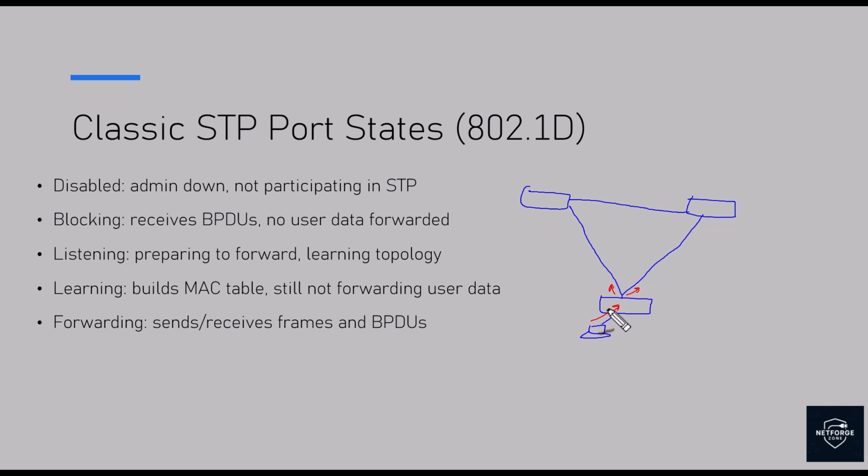That's the rule. So this goes to this switch, which sees the broadcast and floods it out of all its ports except the port it received the broadcast from. The same thing happens here.